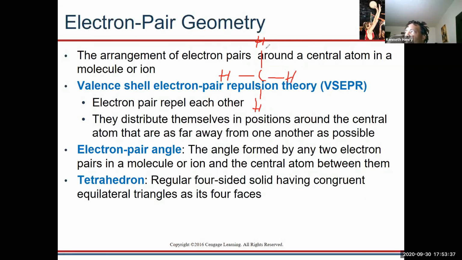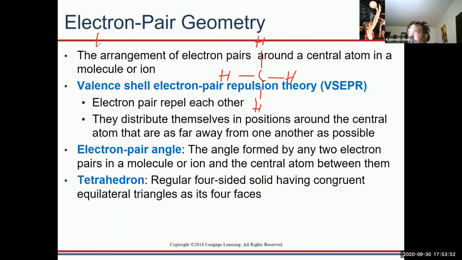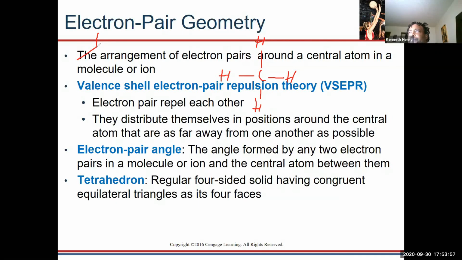Well, these atoms, the hydrogens, they're going to try to be as far away from each other as possible, right? And again, this is a three-dimensional structure, although it looks like a cross. Really what it looks like is, have any of you ever played with the balls and the jacks in high school?